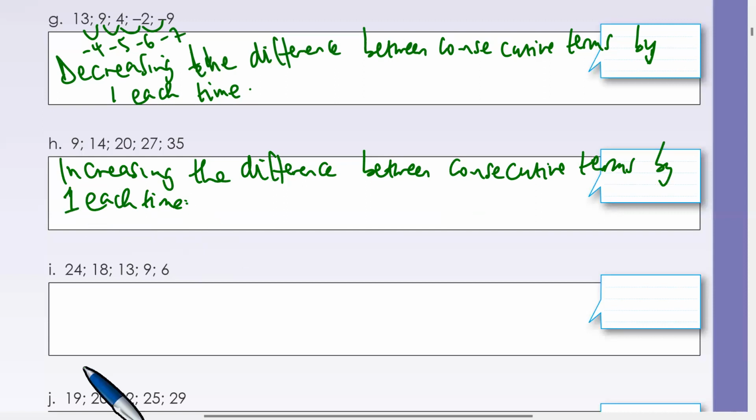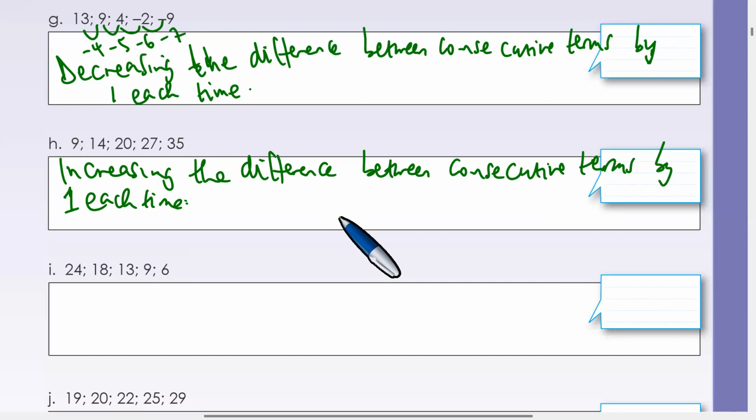Okay, what about I? What's happening in I? So we are decreasing the difference between consecutive terms by 1.